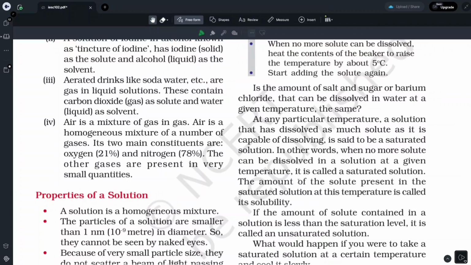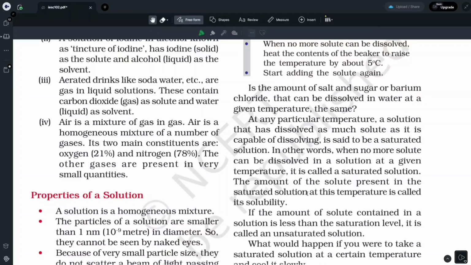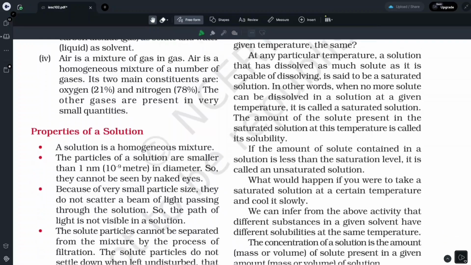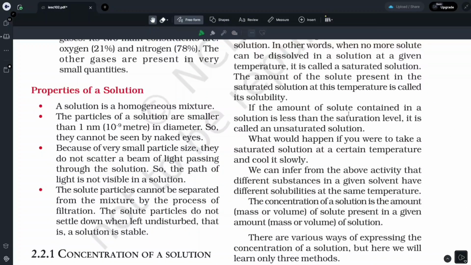The amount of solute present in the saturated solution at this temperature is called its solubility. If the amount of solute contained in a solution is less than the saturation level, it is called an unsaturated solution. What would happen if you were to take a saturated solution at a certain temperature and cool it slowly?